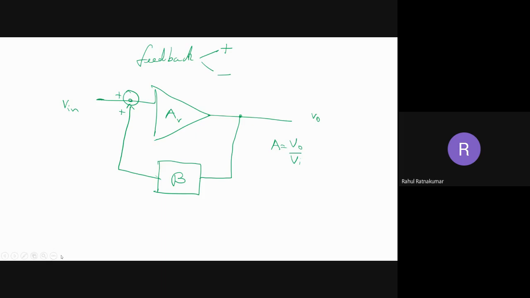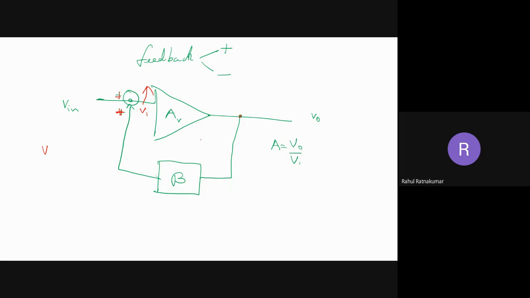If my feedback is adding to the input voltage, it is called positive feedback, because this is plus, this is plus. Now the input V1 is going to be greater because the feedback has been added.